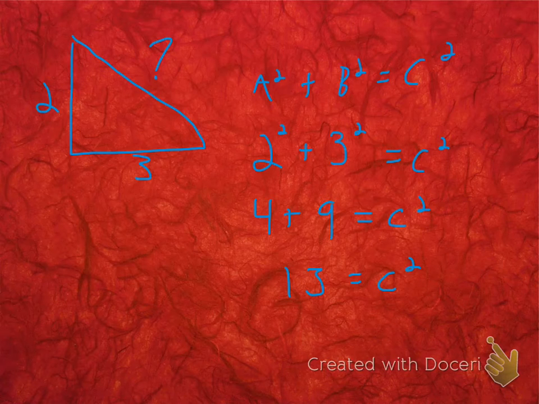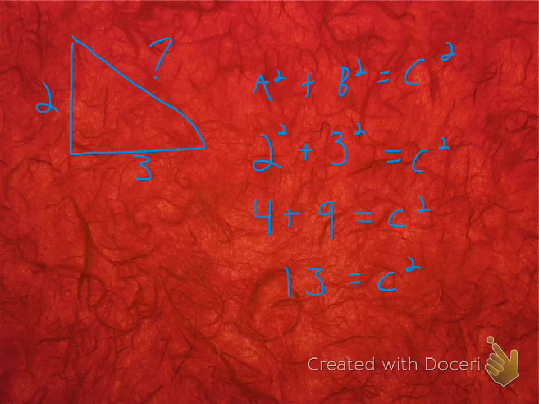Does anyone remember how to turn C squared into just C? Think about this. C squared equals 13 is the same thing as saying what number times itself equals 13. What does that sound like?